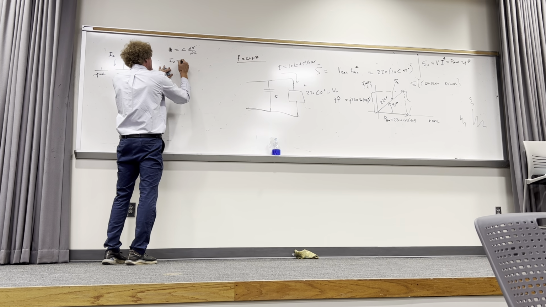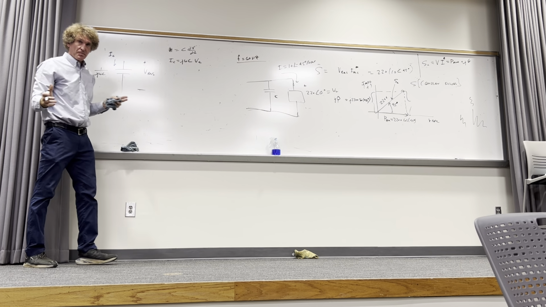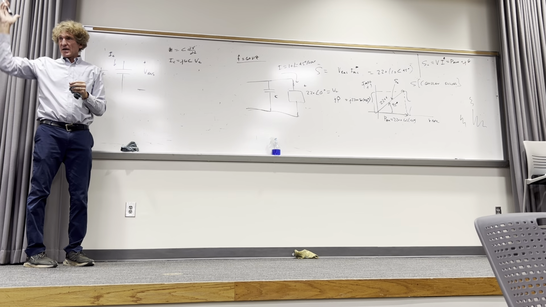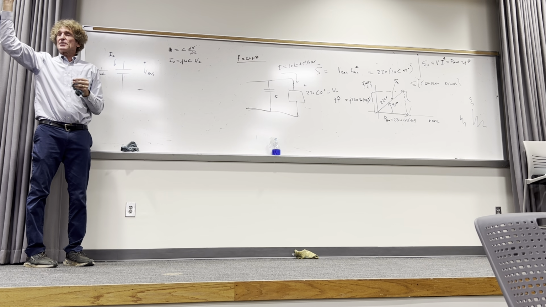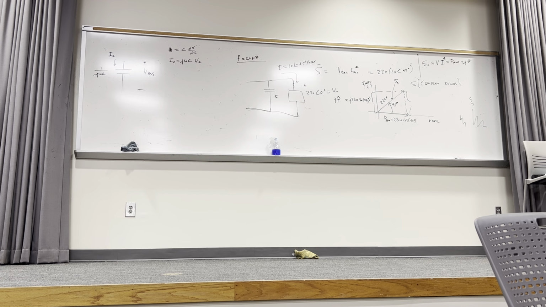So this would be J omega C times the voltage on that capacitor. Can everybody follow me on this? How many understand that right there? You could just take voltage, divide by 1 over J omega C. Do you all follow me? Voltage divided by impedance, you would get the current as well.